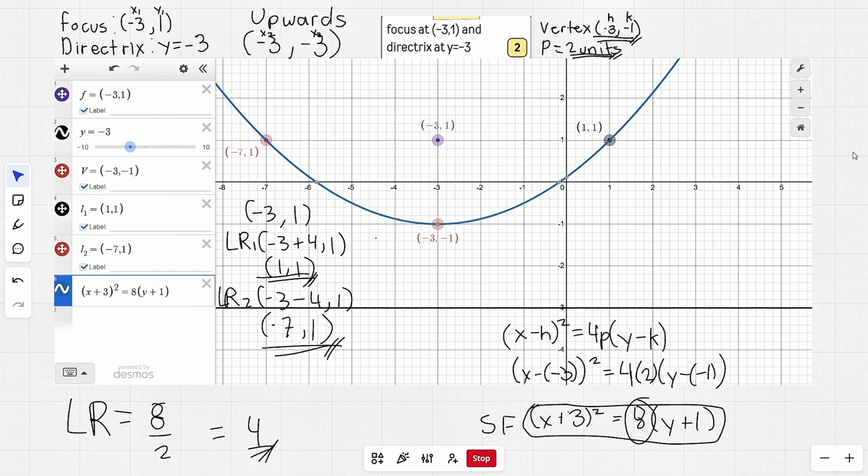Focus at -3, 1, and directrix at y equals -3, and we get the standard form of this: (x plus 3) squared equals 8(y plus 1). I put it on Desmos, and it matched correctly with the given vertex and latus rectum. So, our standard equation is correct.